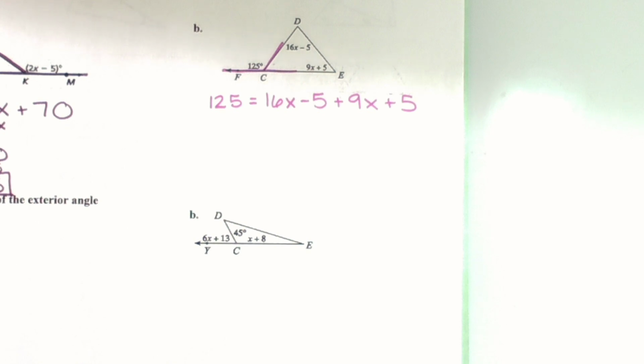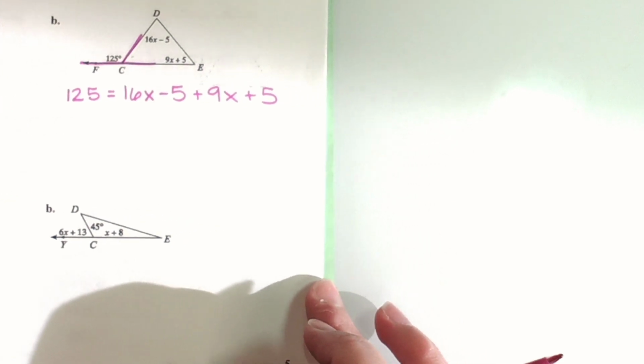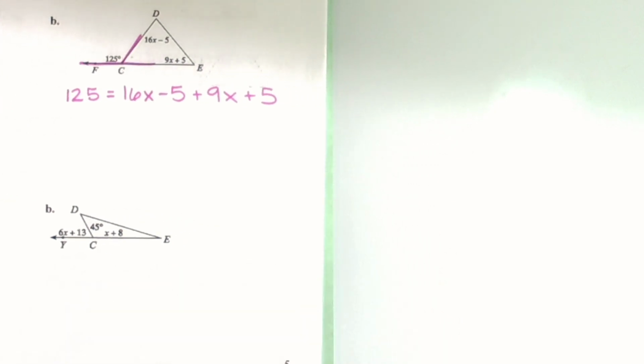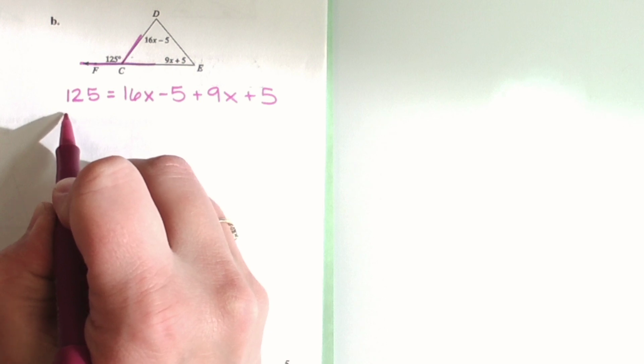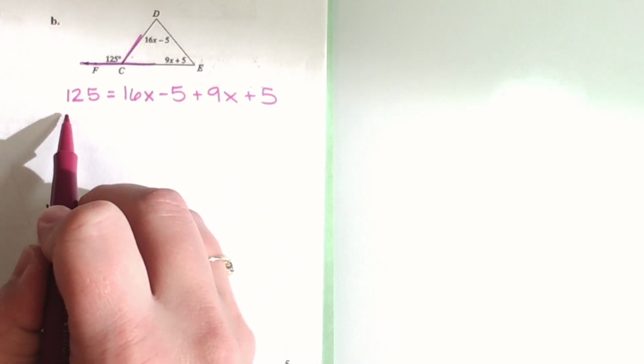So, our next thing we are going to do is simplify. Zay, if I want to simplify this equation, what's that going to look like? 9x minus 16x.